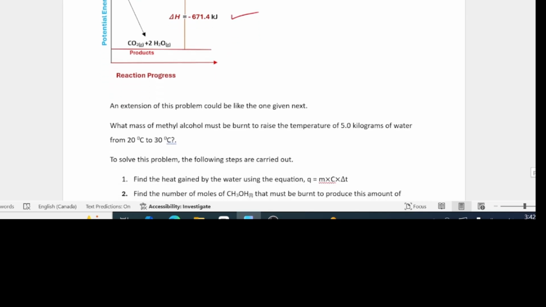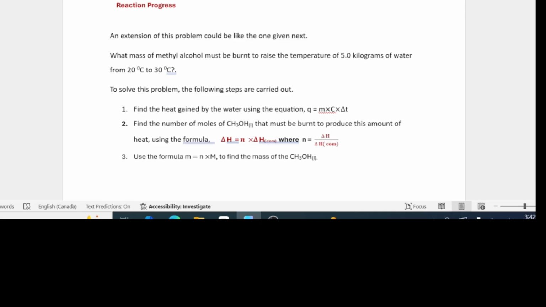You could have extensions of these types of problems. For example, they could have asked you to find out what mass of methyl alcohol must be burned to change the temperature of 5 kilograms of water from this to this temperature. First of all, you find the amount of heat produced using Q equals mc delta T. You know the mass, you know the specific heat of water, and you know delta T. Then you find the number of moles of methyl alcohol using this equation here.